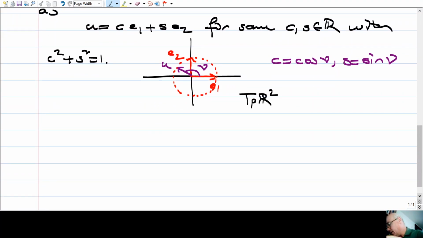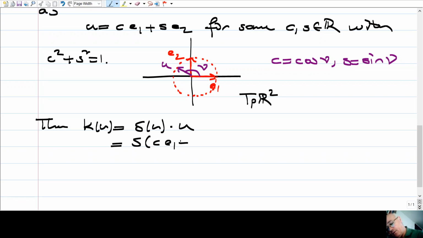Well, then the normal curvature in the direction u is S u dot u, and this can be written as follows: S of (C E1 plus S E2) dot (C E1 plus S E2).